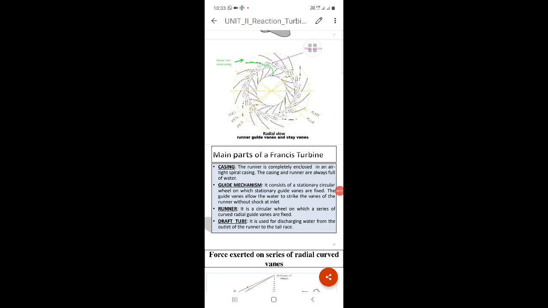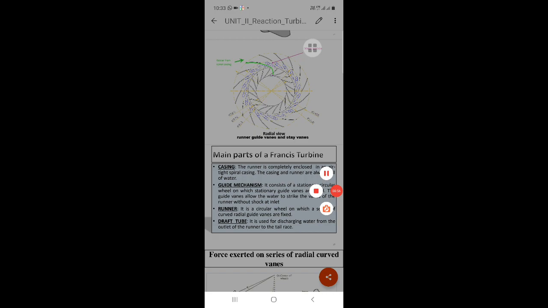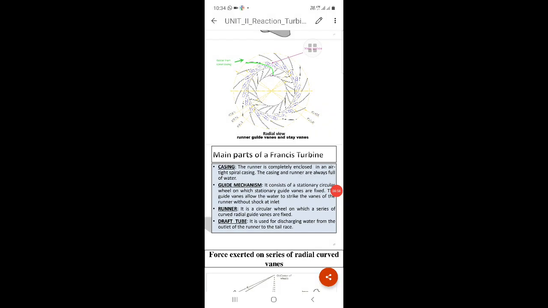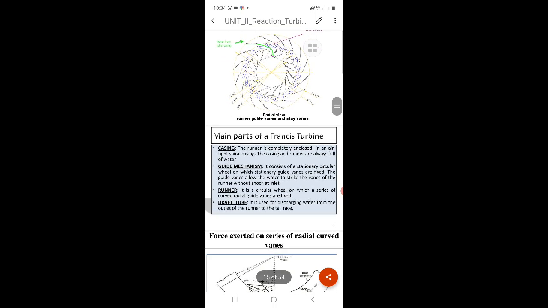The runner is a circular wheel which has a series of curved blades fixed to it. And last is the draft tube. It is used to discharge water from the outlet of the turbine while minimizing pressure. So these are the main parts.